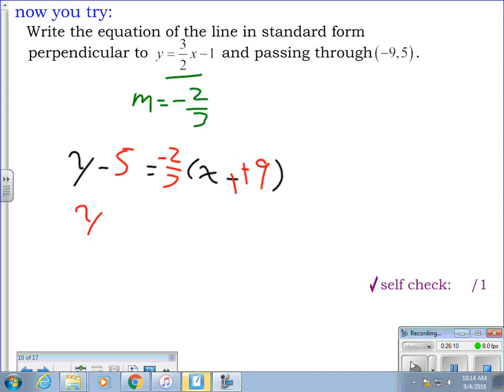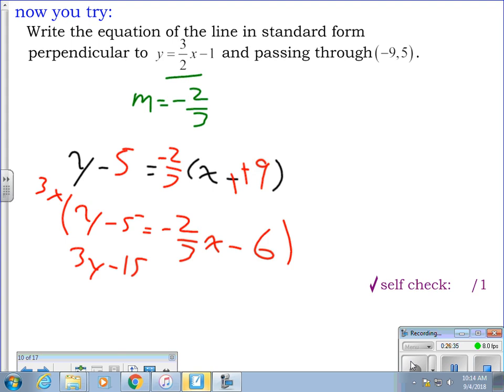Y minus 5 equals negative 2/3 X, a minus, because I have a negative times a positive. 2/3 times 9. 1/3 of 9 is 3. 3 times 2 is 6. Get rid of my common denominator, which is 3. So I multiply everything times 3. 3y minus 15 equals negative 2x minus 18.